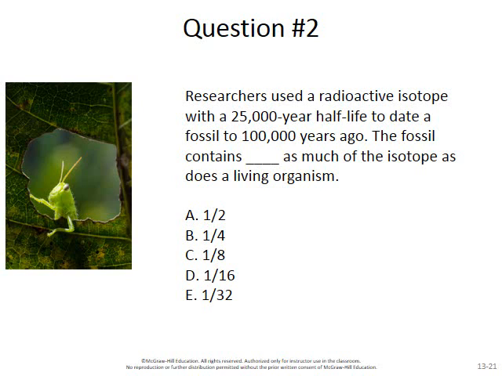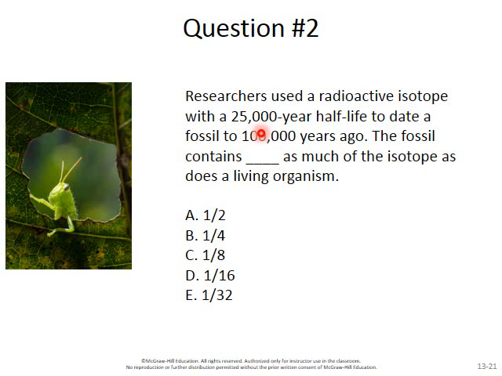Researchers use a radioactive isotope with a 25,000 year half-life to date a fossil that is 100,000 years old. The fossil contains blank as much of the isotope as it did when it was a living organism. So it has a half-life of 25,000 years, and 100,000 years has passed by.